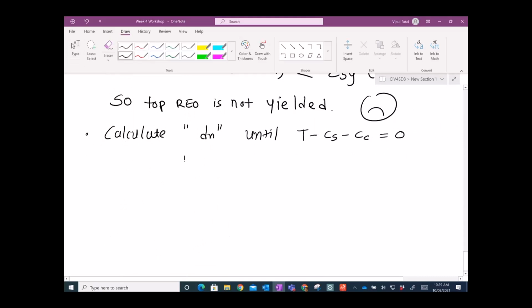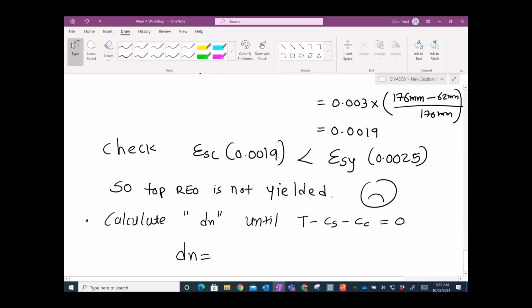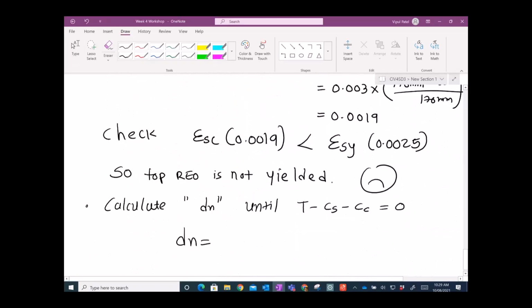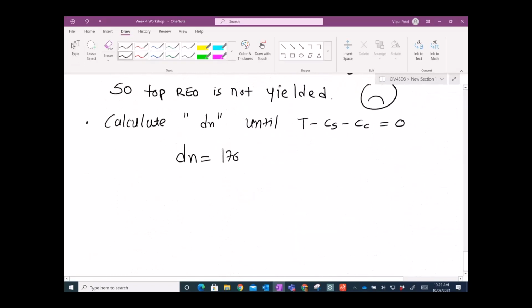So we started with dn equal to 176 millimeters, and it did not work. Right, so we need to try some dn value in a way that we're going to make sure that we have equilibrium. So for that, let's try dn equal to 200 millimeters.